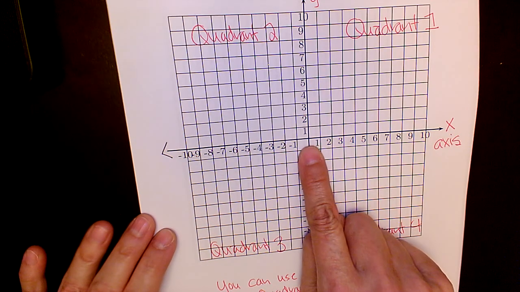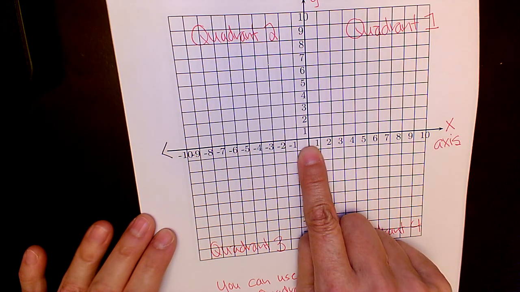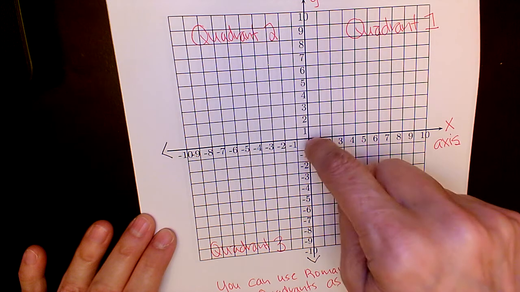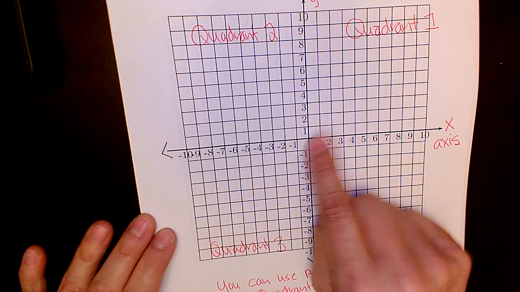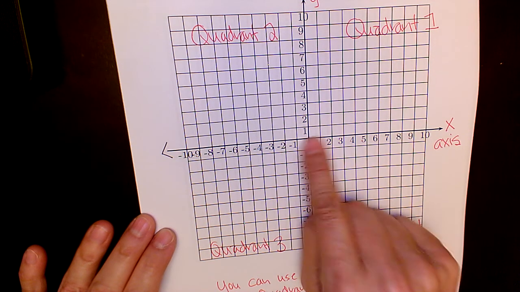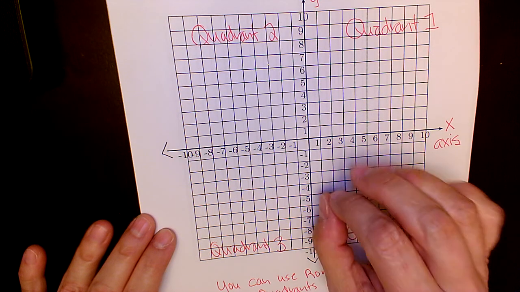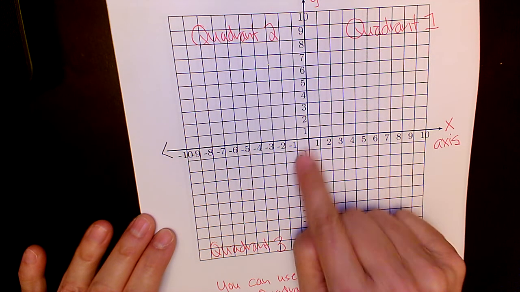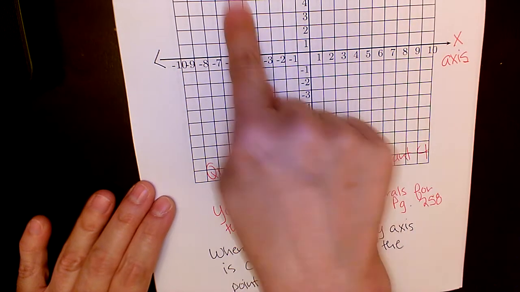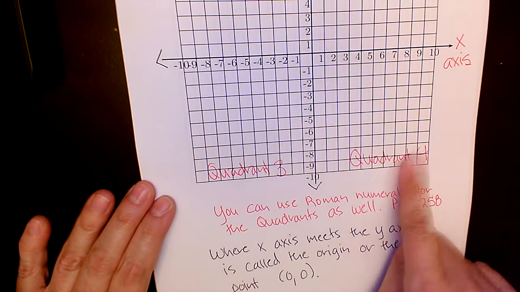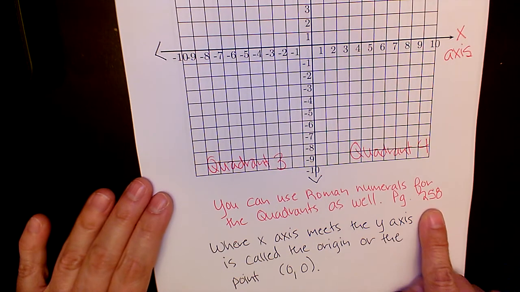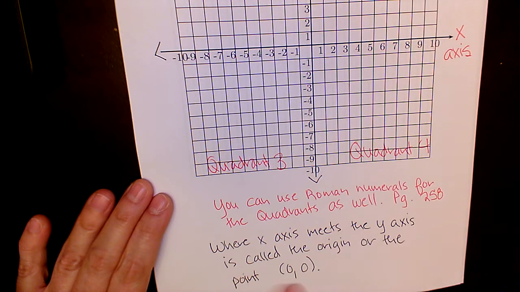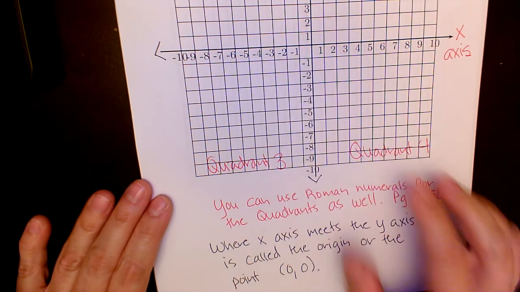Right here in the middle is called the origin, or the point (0, 0). It's kind of like our home base, or our starting point. We always want to start at the origin whenever we graph a point. That's our home. That's where we always start. So we've got our quadrants, we've got our axes. There's another example on page 258, and this middle is the origin.